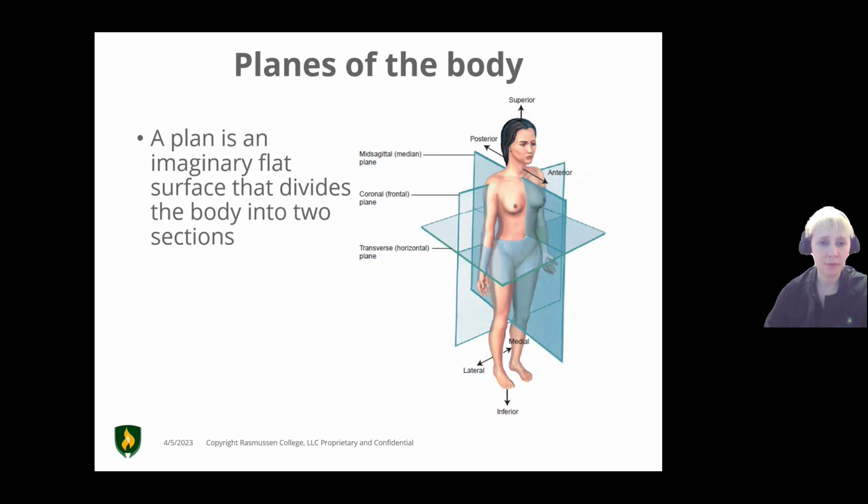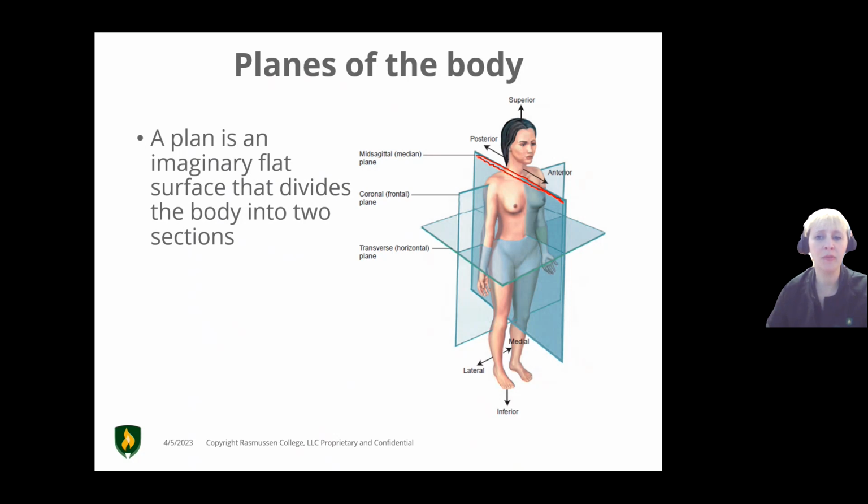The mid-sagittal, see if I can highlight this here for you. The mid-sagittal is this one here that will break the body into the left and right halves. So right down the middle makes your left and right half.